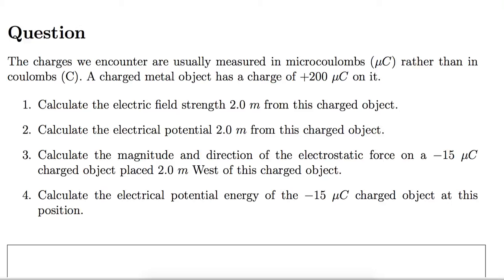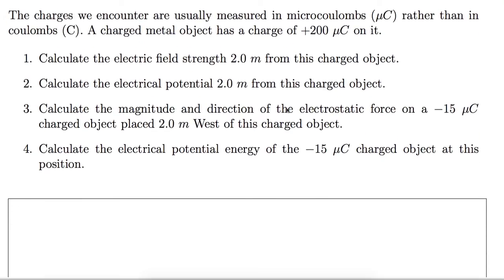So in this case we've got an object, it's just a metal sphere, and it has a charge of plus 200 microcoulomb on it. And 200 by 10 to the minus 6 is 2 by 10 to the minus 4 Coulomb.